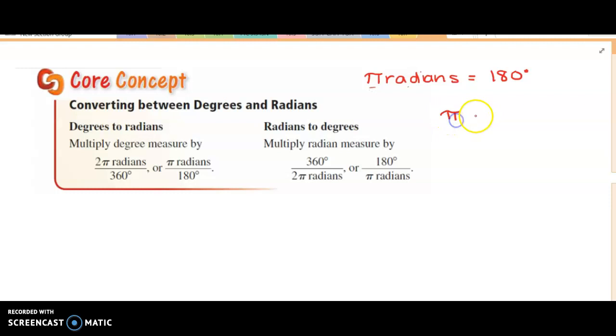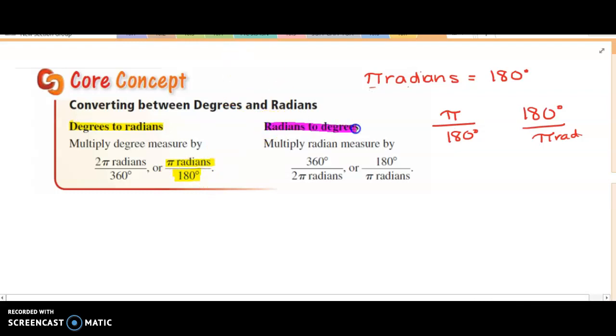Therefore, pi radians over 180 degrees would be 1, or 180 degrees divided by pi radians would also be 1, because these are the same. When I go from degrees to radians, I'm going to multiply by pi radians over 180 degrees. When I go from radians to degrees, I'm going to multiply by 180 over pi radians. We'll do some examples and hopefully it'll make more sense.